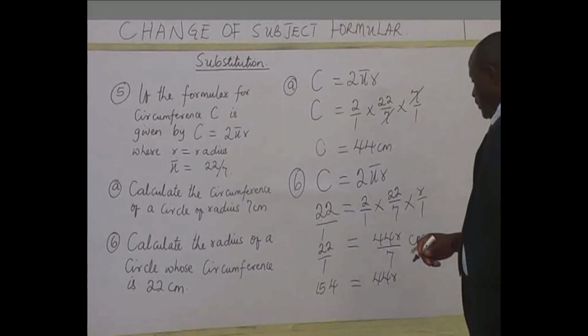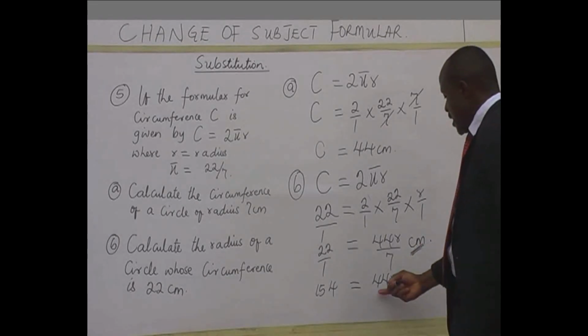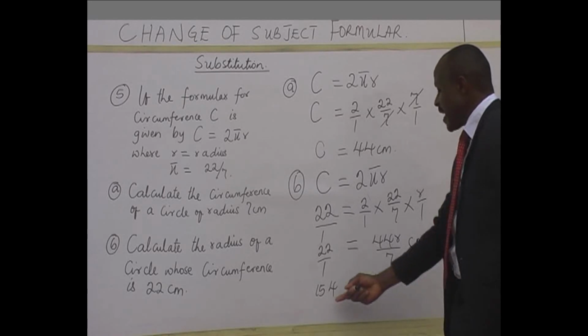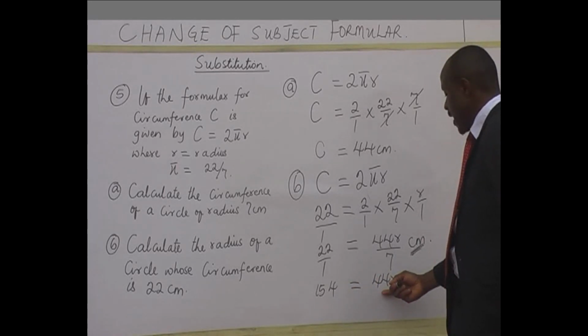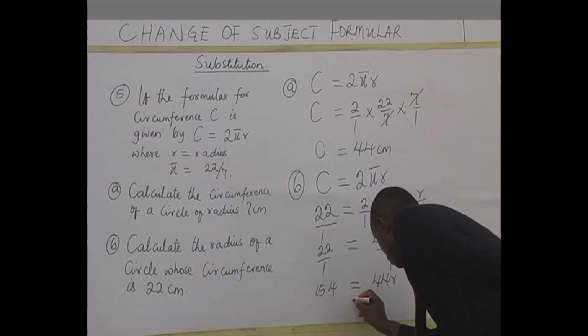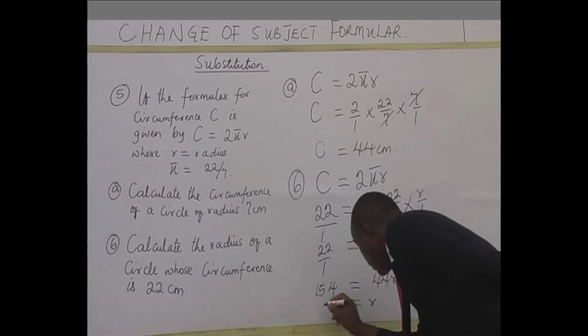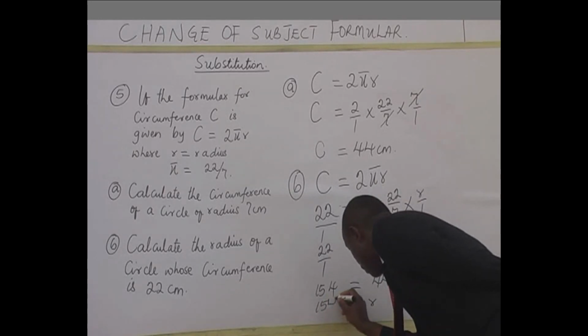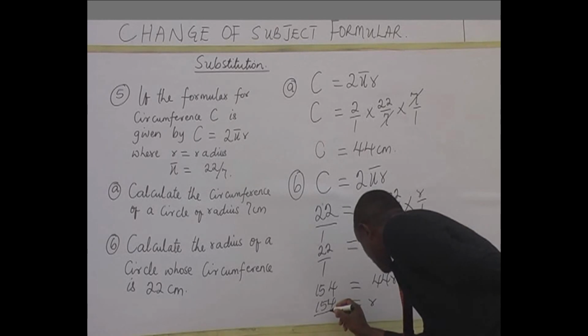The next thing you do is divide both sides of the equation by 44, so that you eliminate the 44 you have here and be left with only r on the right-hand side of the equation. That is going to give you, only r will be here. You now have 154 divided by 44.